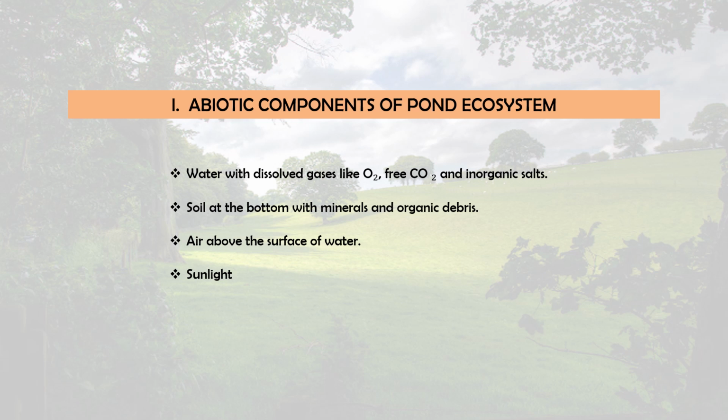And last but not the least, sunlight. Pond gets its energy from the sun, and all the functions that are carried out inside the pond are regulated by the same water temperature ranging from water surface to the bottom.